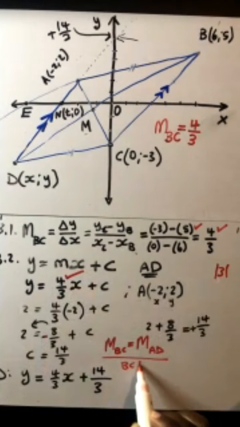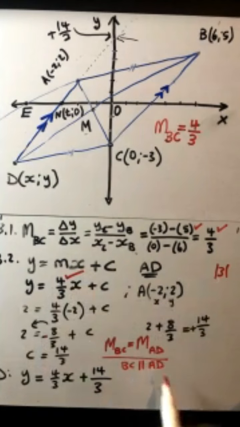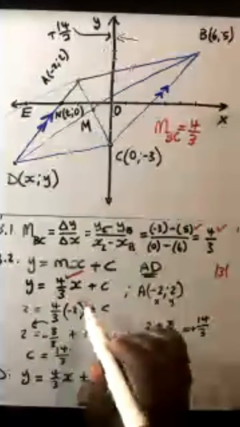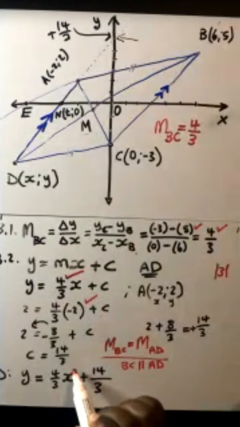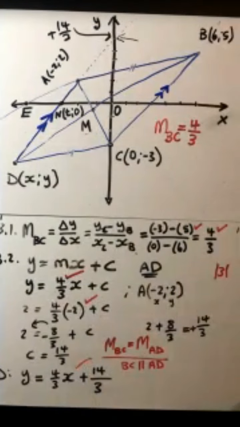Because BC is parallel to AD. The other mark comes from correct substitution. Massively important, ladies and gentlemen. The last mark comes from you answering the question. What was the question? Determine an equation of line AD. So this is an equation for AD. Otherwise, if you ended your calculation there, then you were only going to get 2 marks.